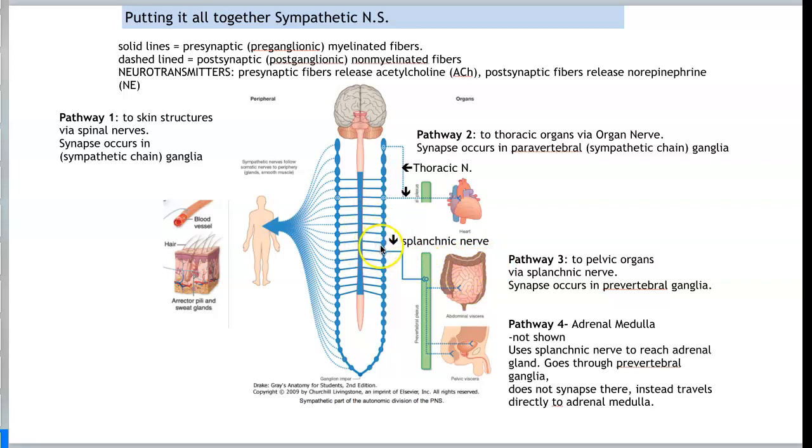You are not synapsing on that sympathetic chain. You are going to the prevertebral ganglia here, somewhere in front of the abdominal aorta. You're going to synapse there, and then your postganglionic fibers will go to their organs in the abdominopelvic cavity. The only one that's not shown here is the adrenal one, but that one's easy.